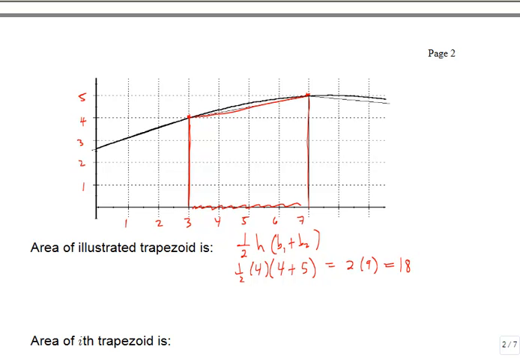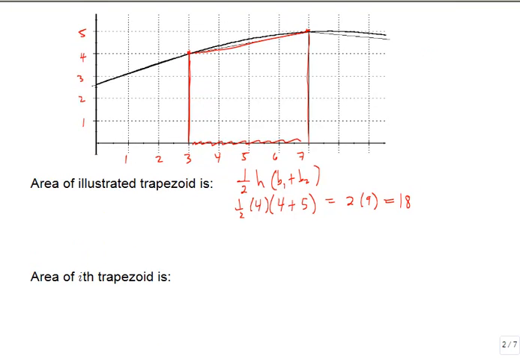So if we generalize again, let's suppose that instead of looking at this particular trapezoid, we look at the trapezoid that's on the subinterval x sub i minus 1 up to x sub i. And we're going to assume that the width of our trapezoid is that delta x.